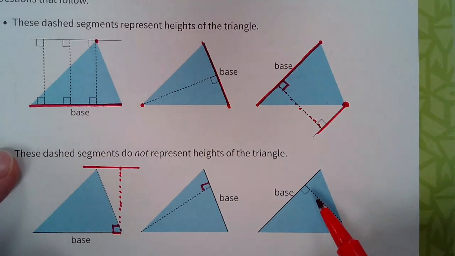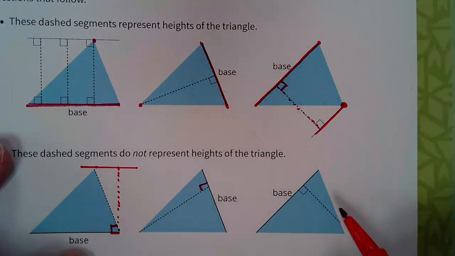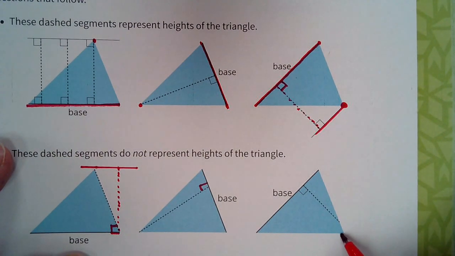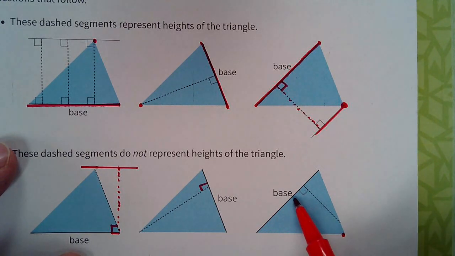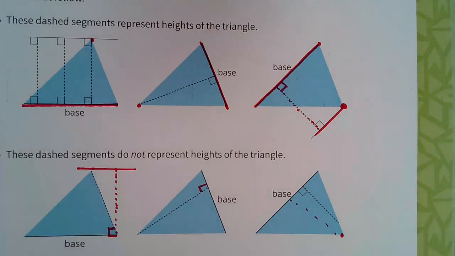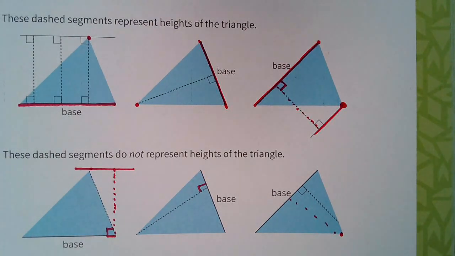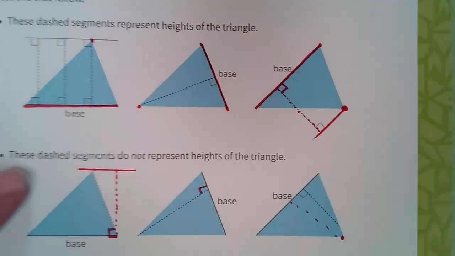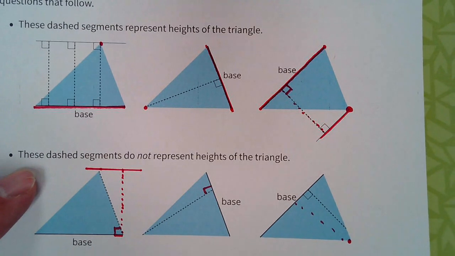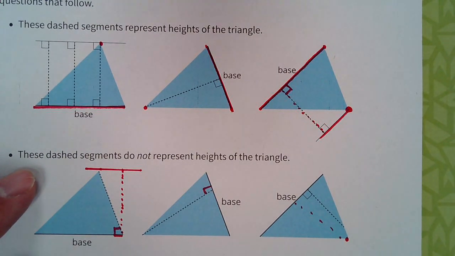This one is a right angle, but does it go to the, no. Now, if it was over here, well, that would probably work. Or if it went a little bit outside the triangle. Yeah, it could be outside the triangle too. That would be fine.